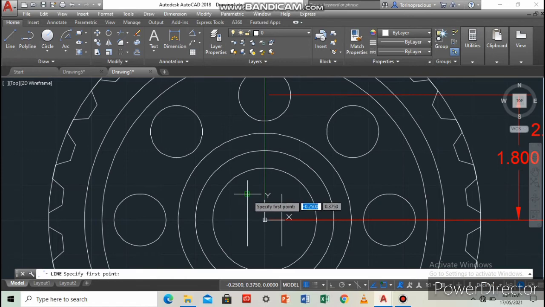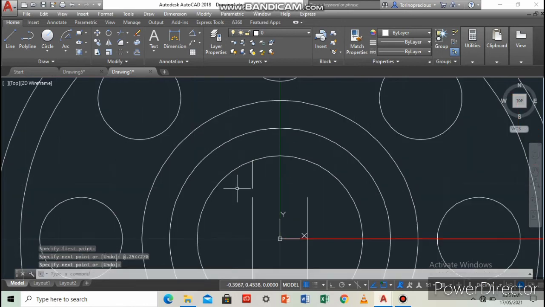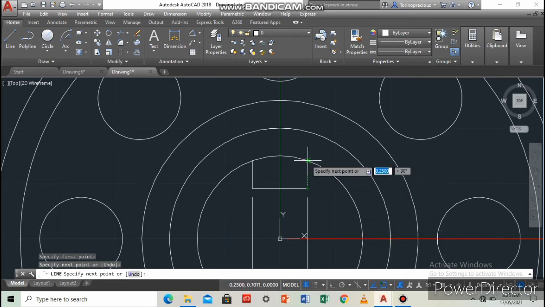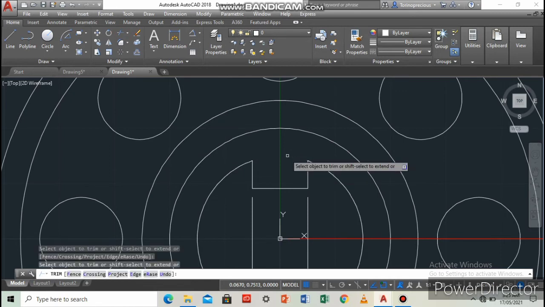So next, let's create another figure with a height of 0.525 and a distance of 0.5. So next, trim all unnecessary lines and figures.